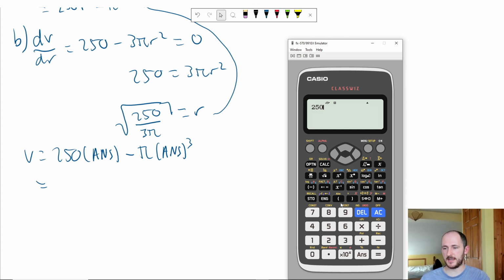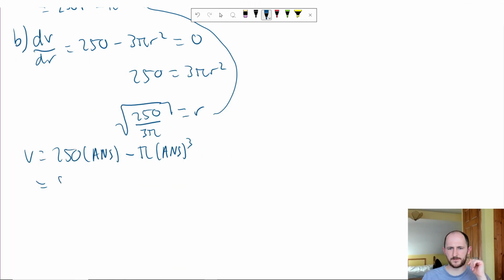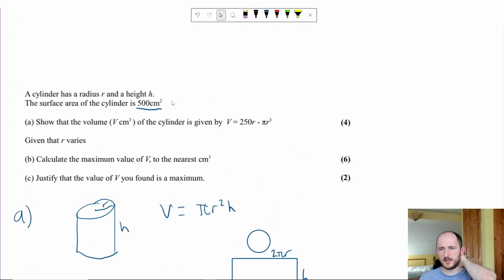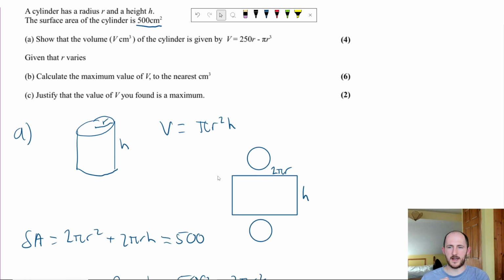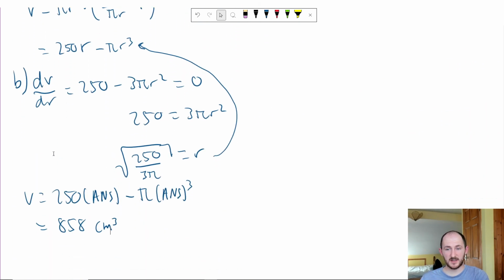So 250 brackets answer. Again, I would always use brackets just because, again, paranoia. It's not paranoia if it actually is like a thing. So 858. Yeah, I'm going to say 858. And I believe that was centimeters cubed because I remember there being centimeters squared in the area. Yeah, centimeters cubed.